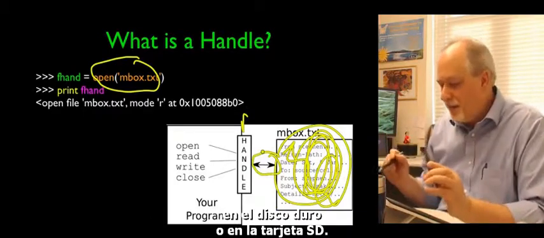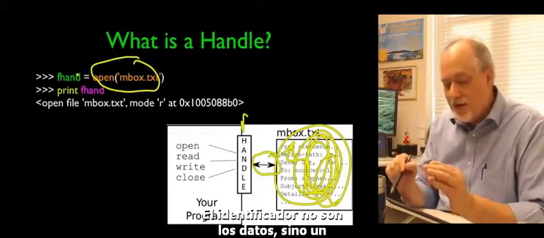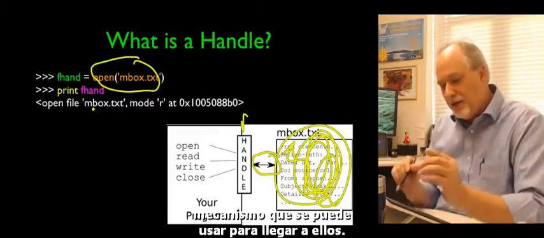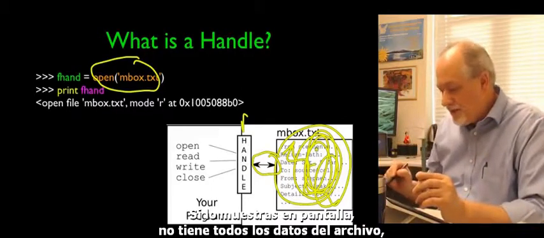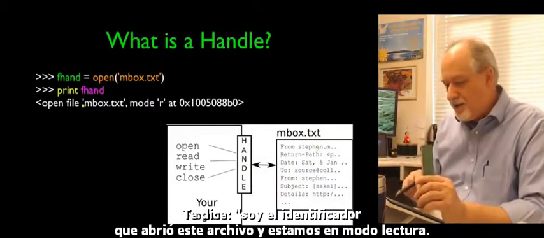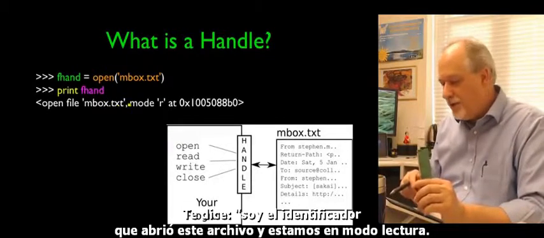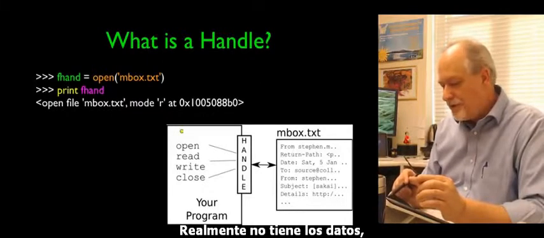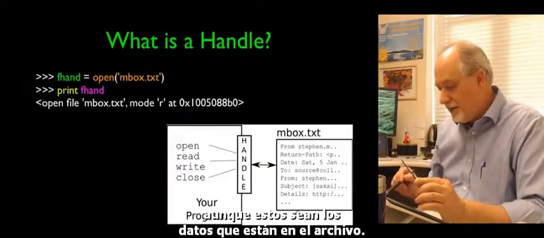So the handle is not all the data, but it is a mechanism that you can use to get at the data. If you print it out, it doesn't have all the data from the file. It says, I am a file handle that's opened this file, and we're in read mode. So it doesn't actually have the data, even though this is the data that's in the file.